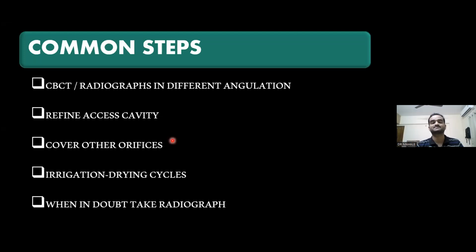One more thing you should not forget is to cover the orifice with cotton or Teflon. Otherwise, if the file comes out jumping from one canal and goes into another canal, the hide and seek continues. Sometimes when you are using ultrasonics to expose the coronal 1 to 2 mm of the file, suddenly we cannot see any metallic head there.